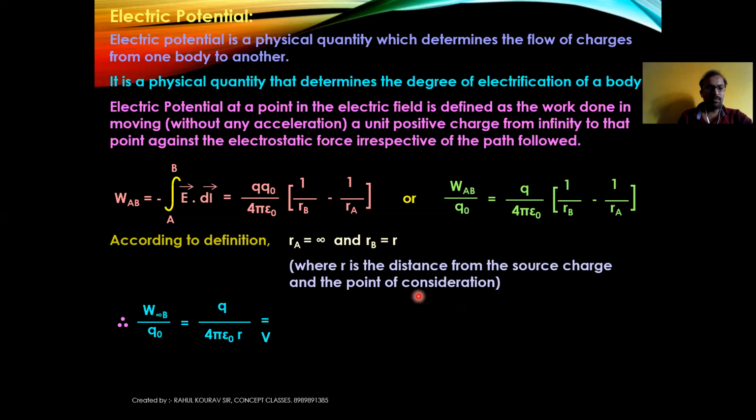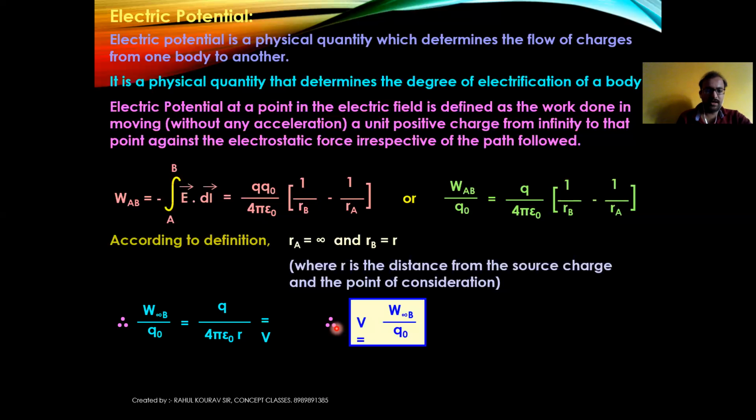So this is written as W from infinity to B upon q naught equals q divided by 4 pi epsilon naught R, because 1 upon RA, which is 1 upon infinity, becomes 0, and 1 upon RB becomes 1 by R.